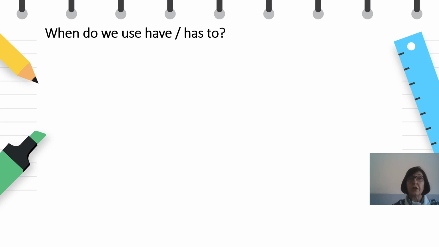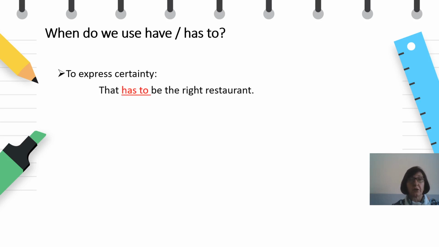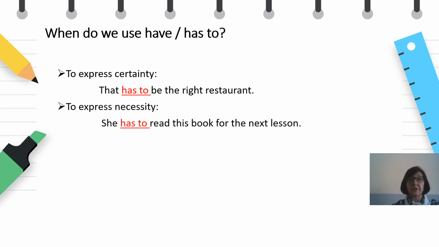When do we use have to and has to as a third person singular? To express certainty. For example, that has to be the right restaurant. To express necessity. She has to read this book for the next lesson. To express responsibility. We have to get up early.